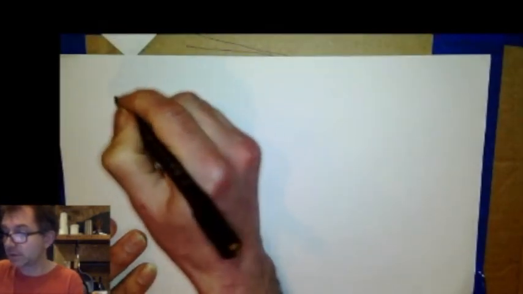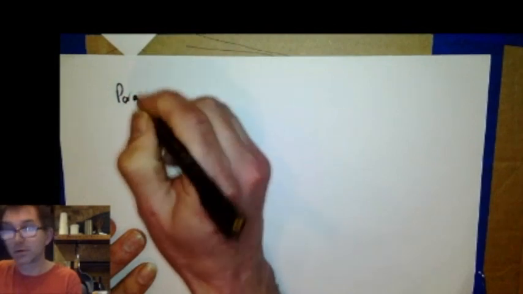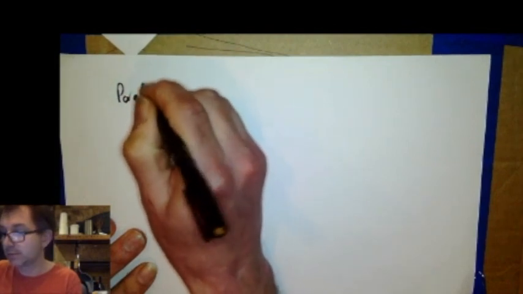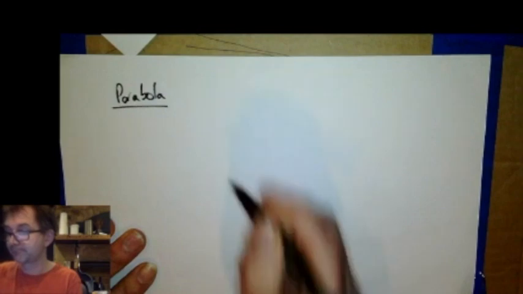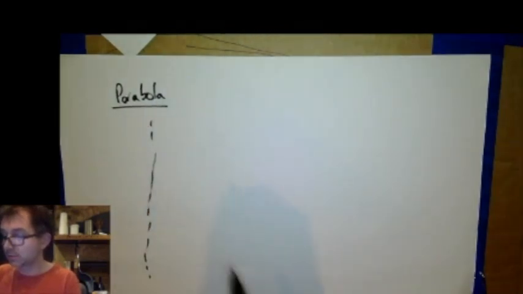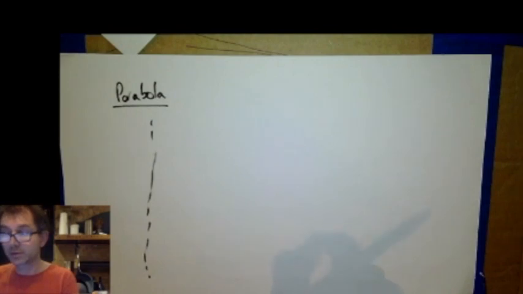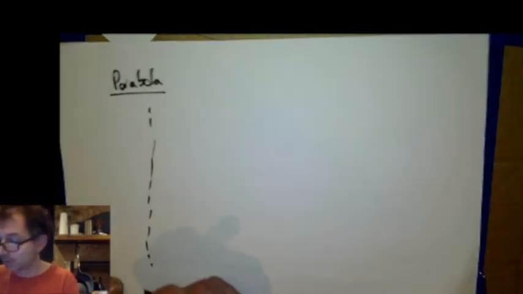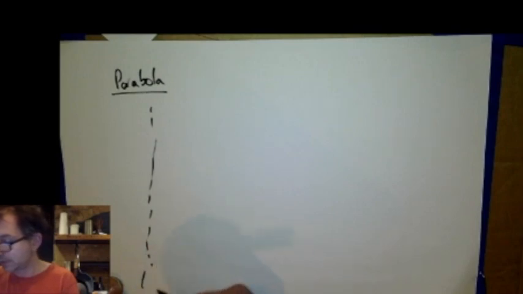Parabola is the other type of conic section that you can have. This is where you have not two focal points, but what's called a directrix, which is the Latin female for director, so it's a thing that directs.